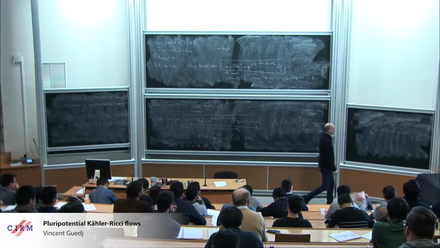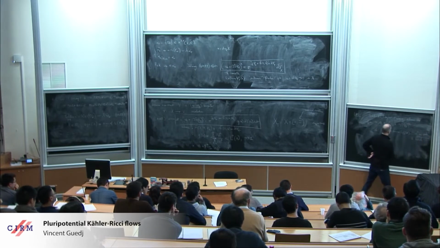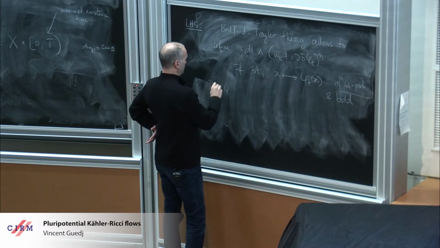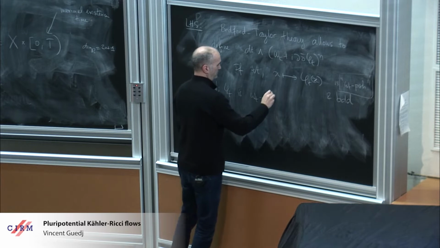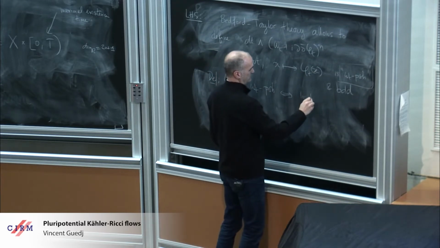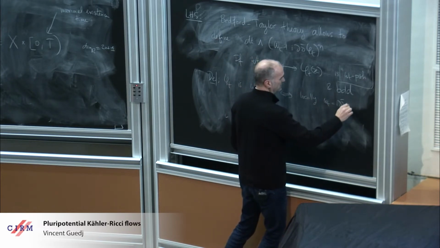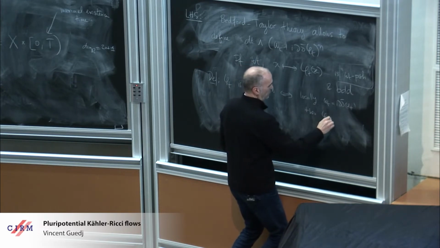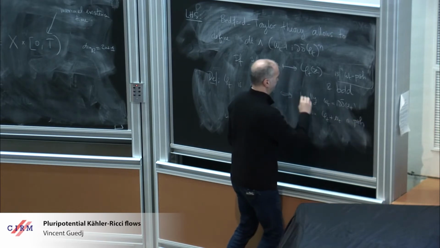And I want to impose some plurisubharmonicity property, which means, by definition, phi t is omega t plurisubharmonic if and only if, writing locally omega t as i dd bar of some u t, phi t plus u t is a plurisubharmonic function.